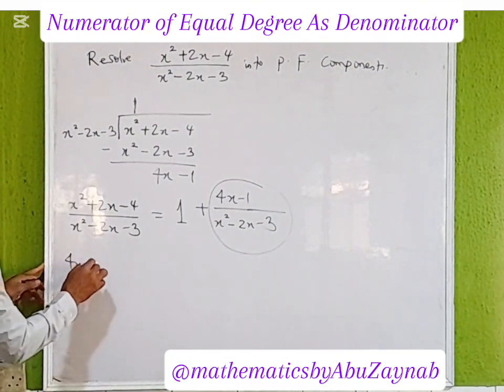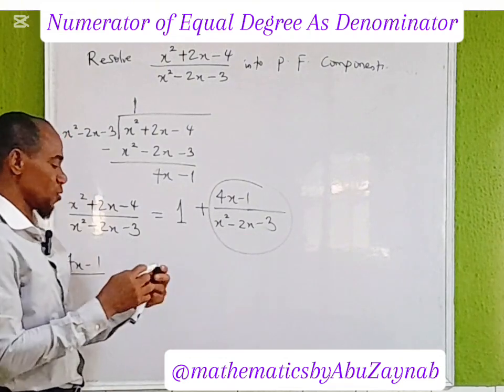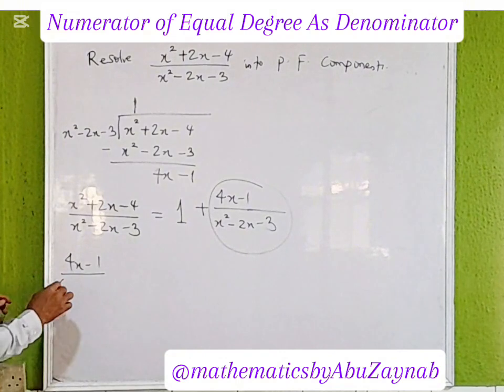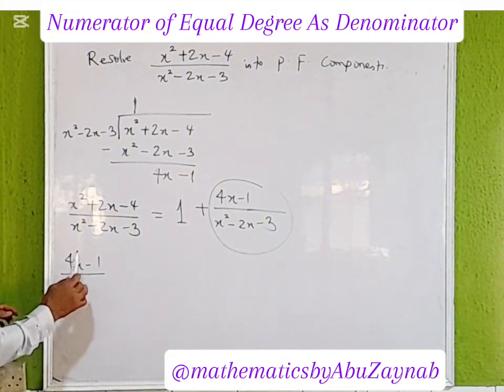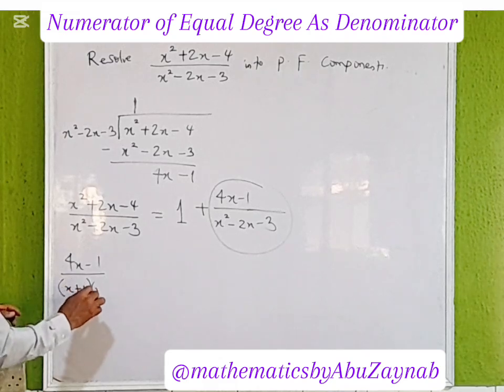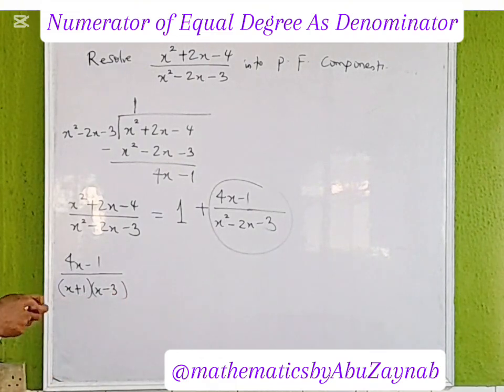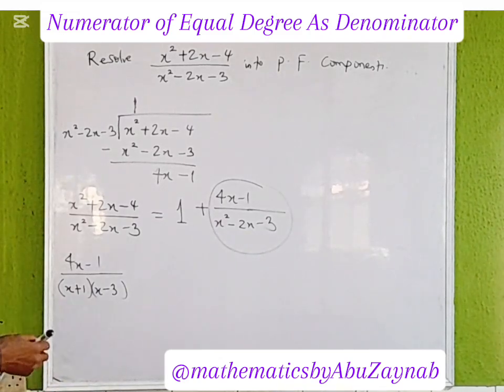So we have 4x minus 1 over, now this x squared minus 2x minus 3 denominator is going to be factorized into x plus 1 times x minus 3. These are the factors of x squared minus 2x minus 3 proper. And this takes us back to exactly case 1 where we have distinct roots.